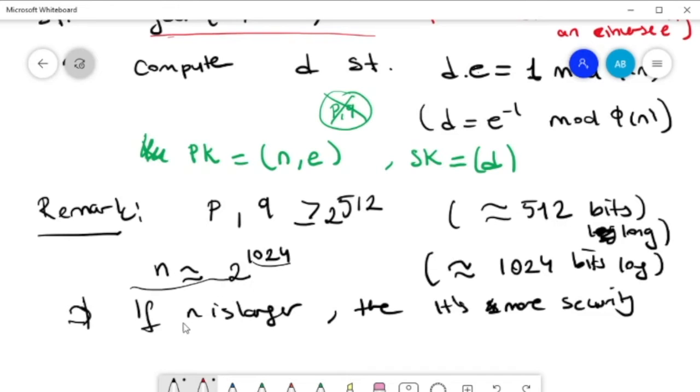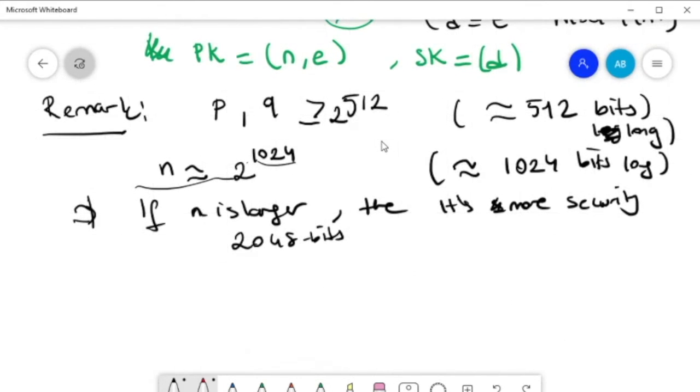Even in most applications, previously we were using 1024 bits for N and the key size for RSA, but these days we start using 2048 bits in order to make RSA more secure. So longer key bits provide more security in RSA.